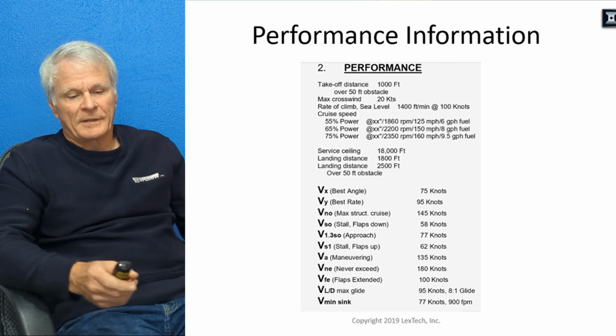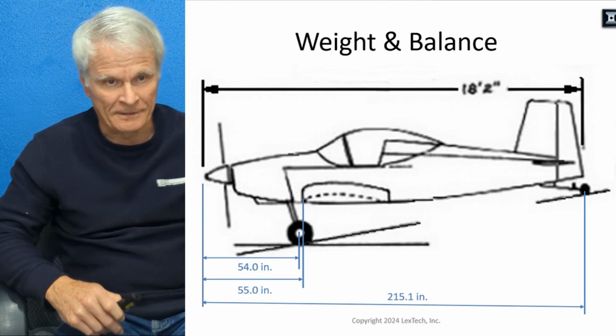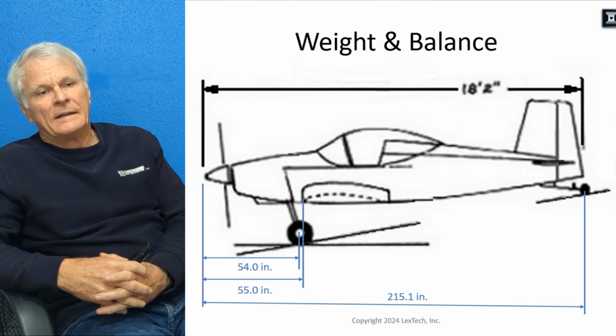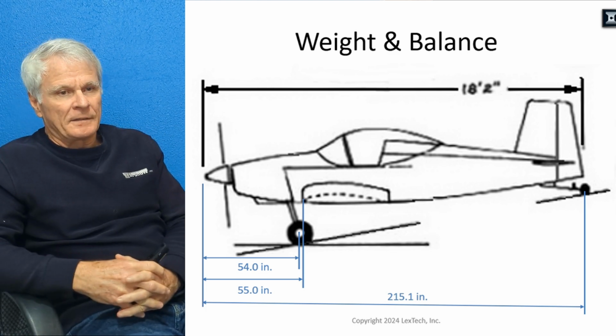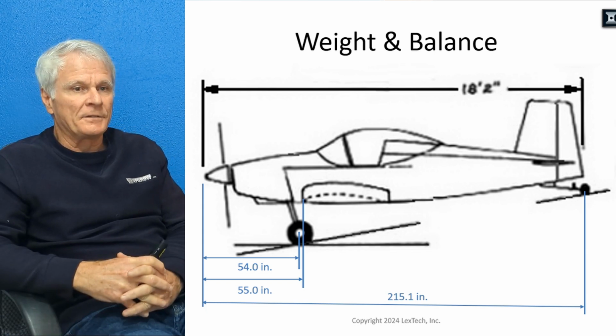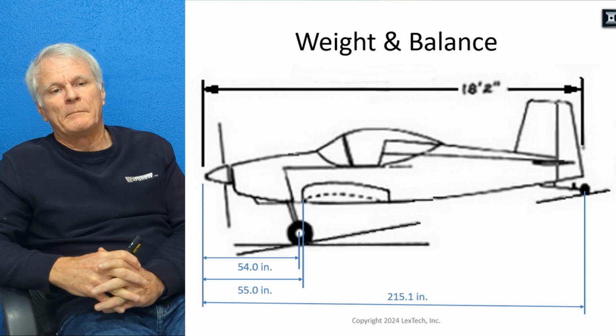Different airspeeds for the airplane there. Now here's the weight and balance we need to be able to actually calculate all the loads in the wing. So you can see the airplane length, distance from the datum to the main gear and to the leading edge of the wing, which was what I used to measure everything off of.